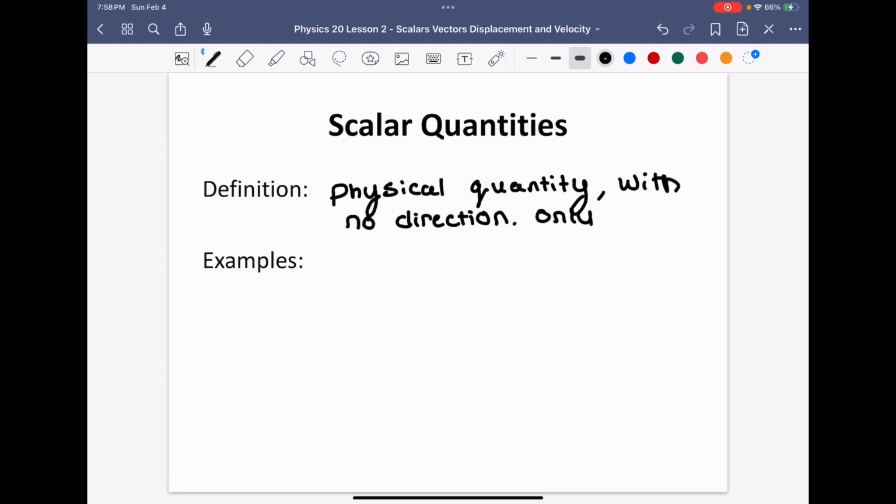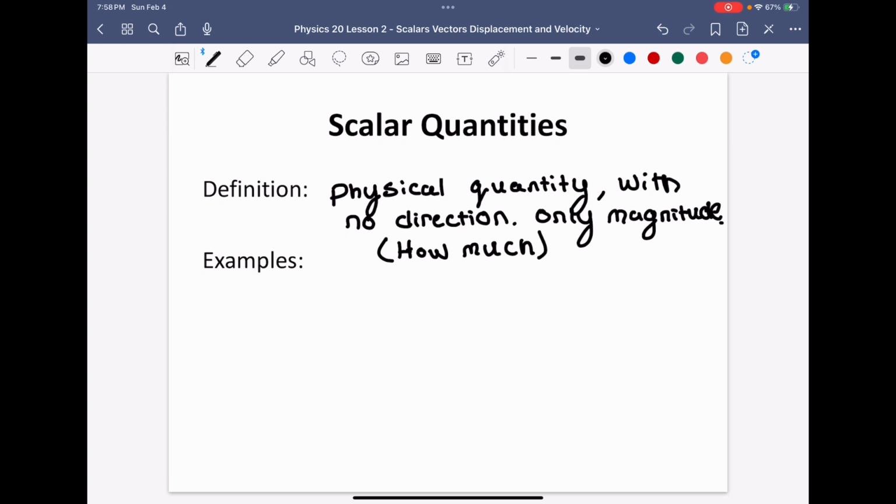So I'm going to write it as only magnitude. And that just means no direction, just simply how much. That might be another way I phrase it during class. I might just say, how much distance is traveled, how much in terms of the overall quantity. So a physical quantity with no direction.